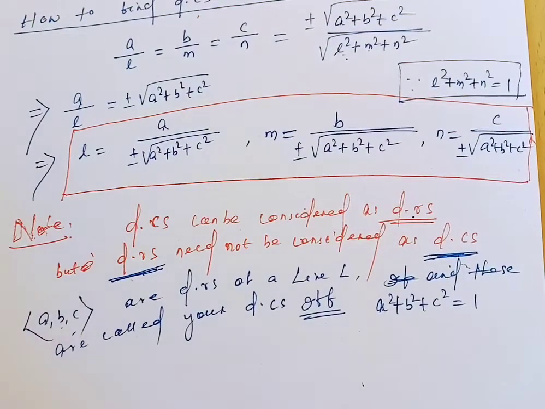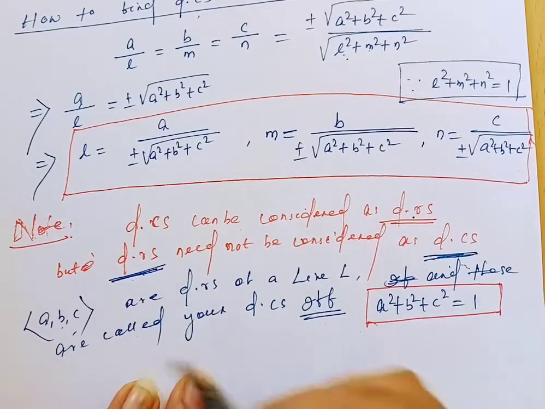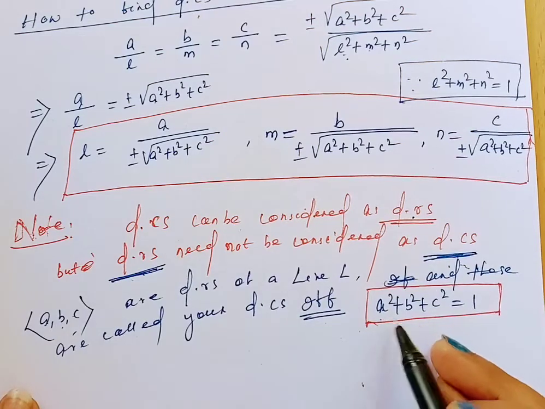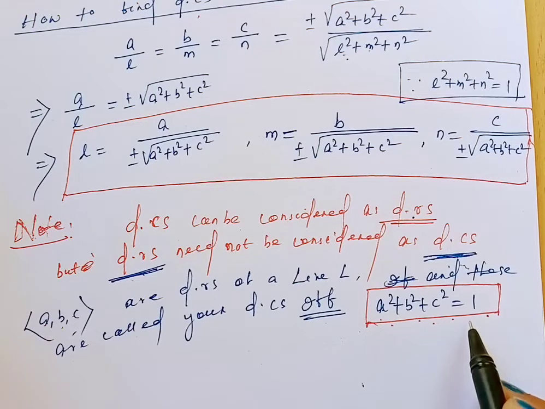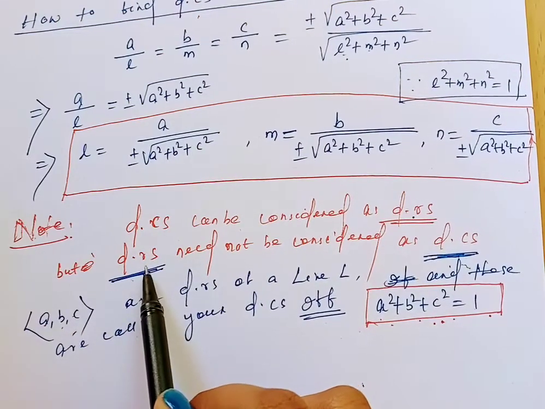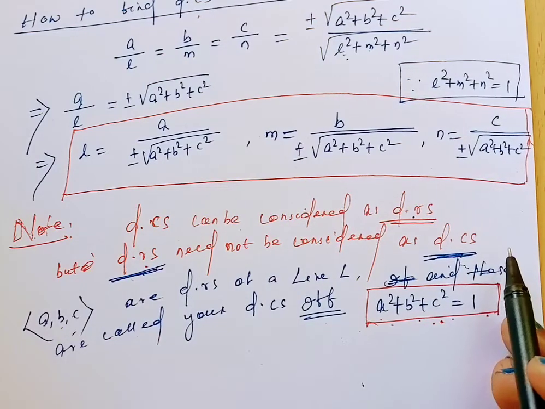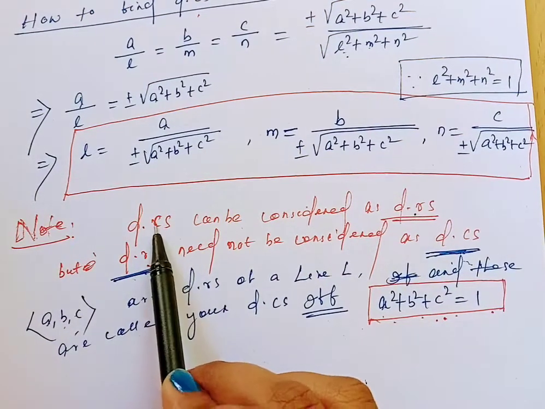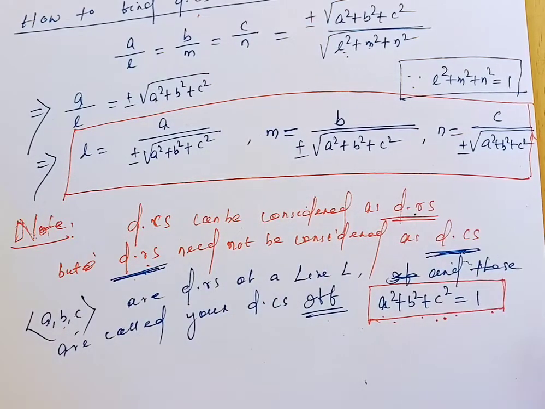If direction ratios a, b, c satisfy this condition, then we can say they are direction cosines. Under this condition, direction ratios can be considered as direction cosines, but direction cosines are always considered as direction ratios. This is the difference between direction ratios and direction cosines.